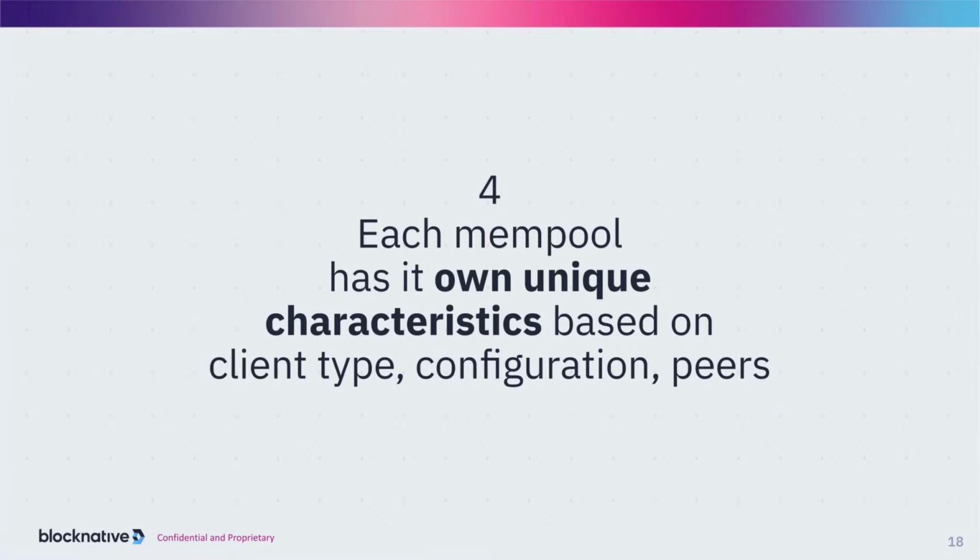So you have all these degrees of freedom that affect how the mempool actually looks at any one part of the network. So again, not just one mempool, but lots of distinct nodes, lots of distinct mempools, each with their own unique characteristics and unique behaviors.